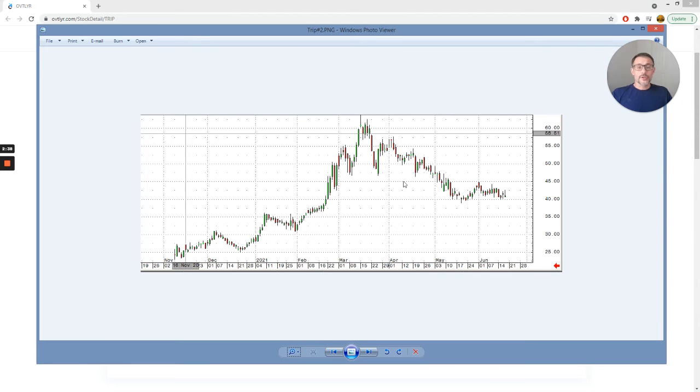So although Outlier was showing some really good signals and certainly warranted taking a very close look at Trip, my final analysis was that I wanted to see one of two things. I either wanted to see an up move established or consolidation to the point where I was comfortable buying a dip, and I really wanted to emphasize buying a dip because with the volatility that Trip was experiencing, once it consolidated, I wasn't necessarily looking for a breakout.